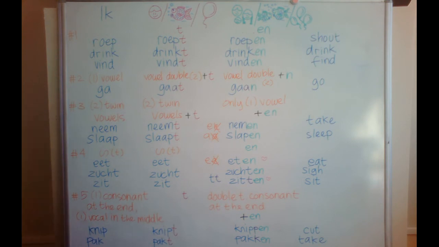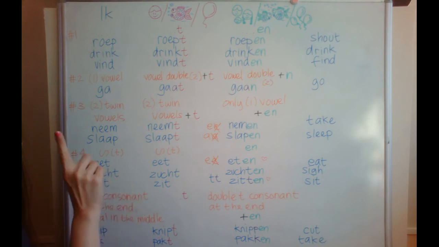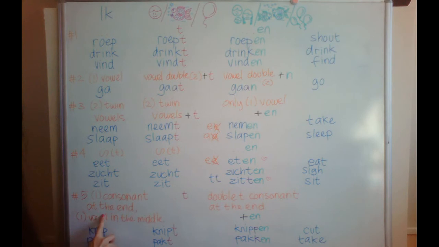You see, if it has only one consonant at the end, and it has one vowel in the middle, so it has one consonant at the end of the word, only one consonant, and it has one vowel in the middle, and we don't care how many consonants in the front of the word.